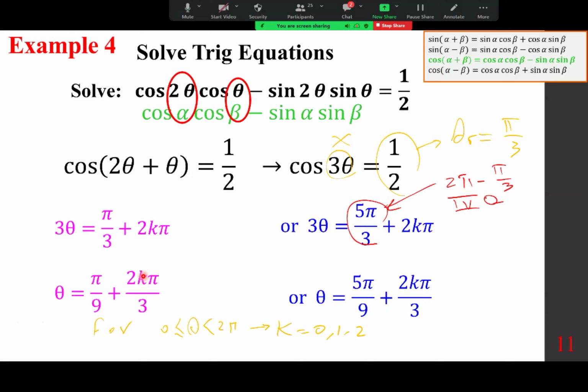If that was the question, in this case k is 0, 1, 2, and in this case 0, 1, 2, and you get the answers. Because it's 3, you get 3 times 2, 6 answers in 0 to 2 pi, as I mentioned.